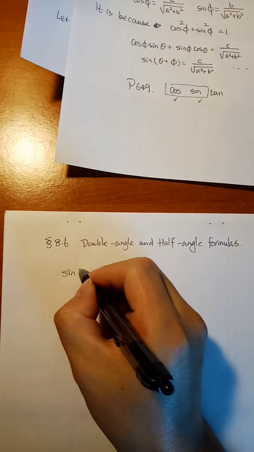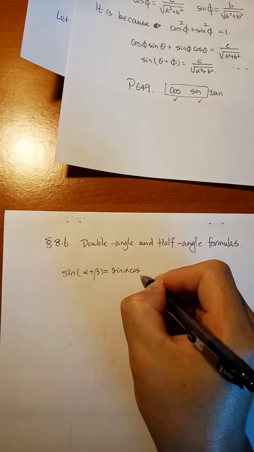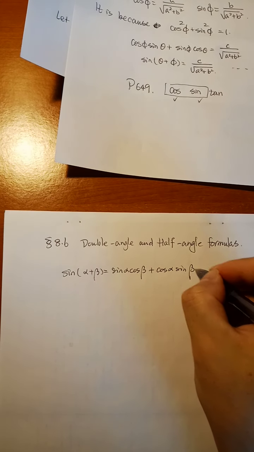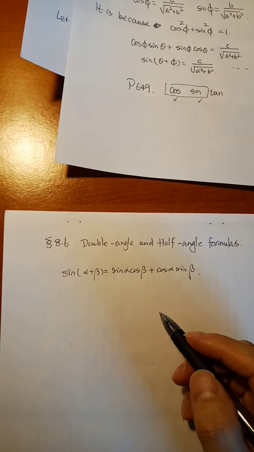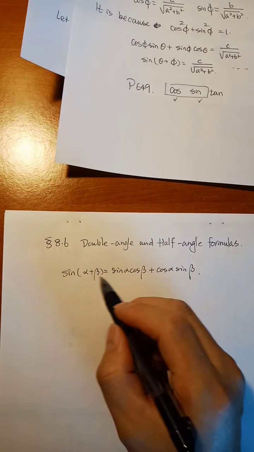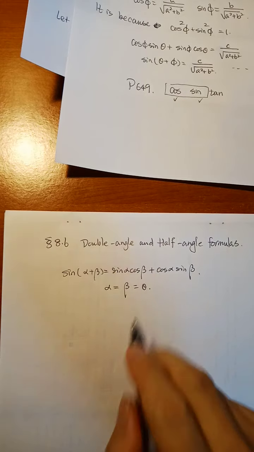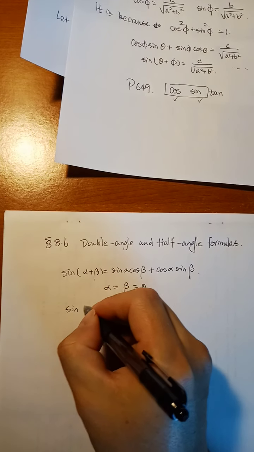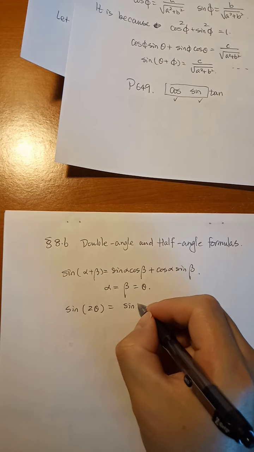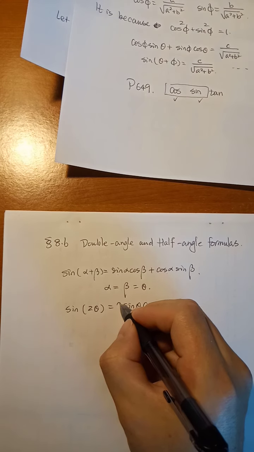Let's start from sine. This is the sum rule for sine. What happens if alpha is equal to beta? If they are both theta, we will have sine 2 theta equals sine theta cosine theta plus cosine theta sine theta, the same thing.